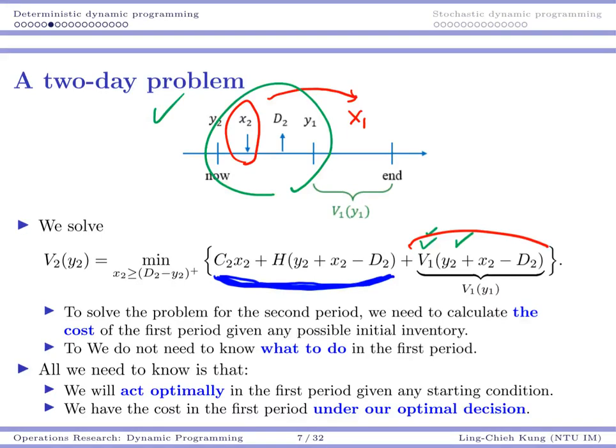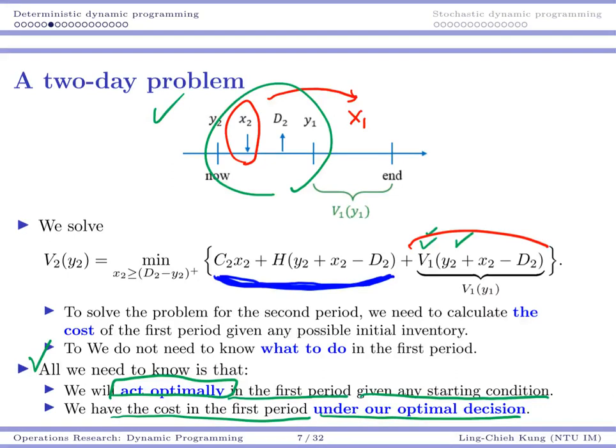Here, I want to make some production for this particular period, and I'm going to leave something for tomorrow. Whatever I see tomorrow morning, I'm going to act optimally in that future first period, given any starting condition. We also know that V1 function under our optimal decisions.